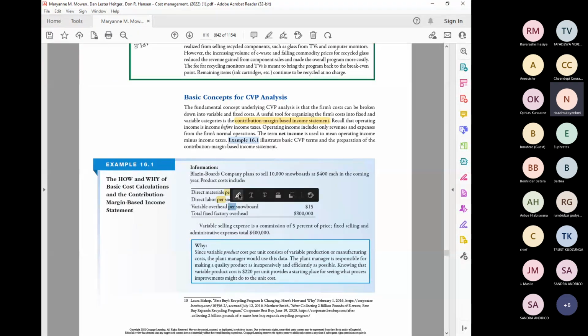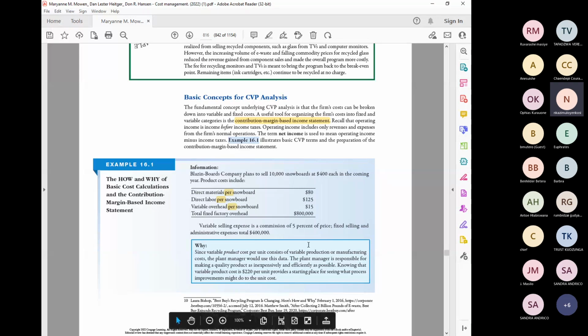Total fixed factory overhead, $800,000. Variable selling expense is a commission of 5% of price. Fixed selling and administrative expenses total $400,000.